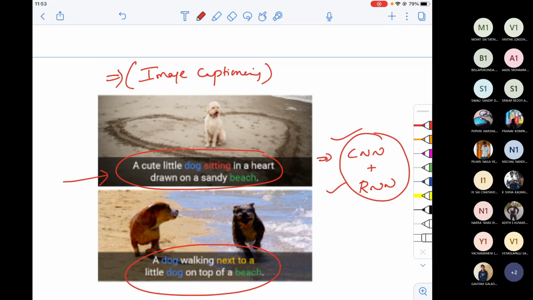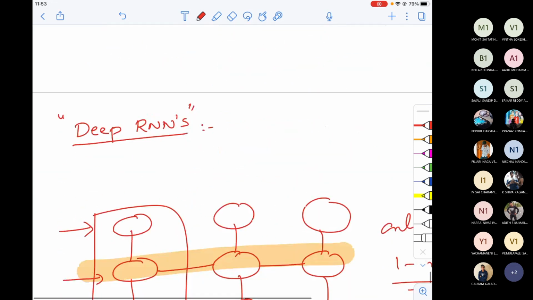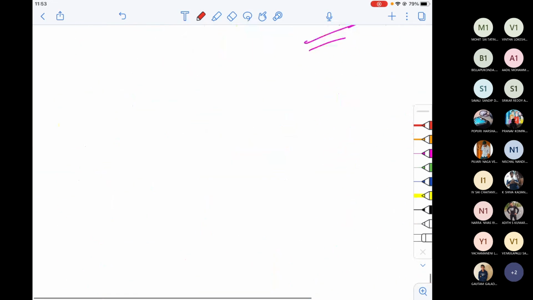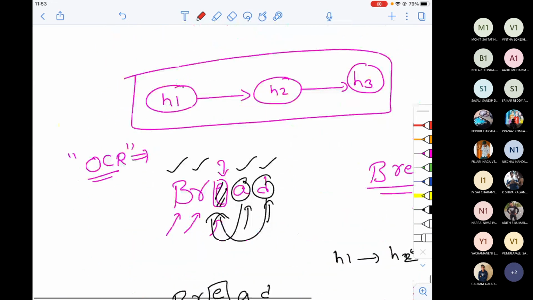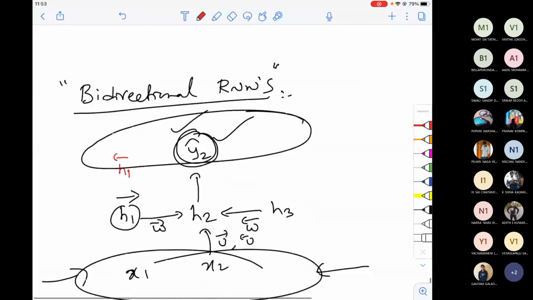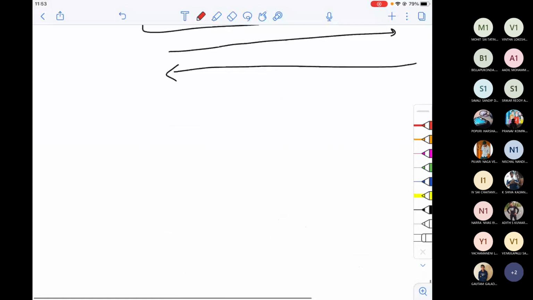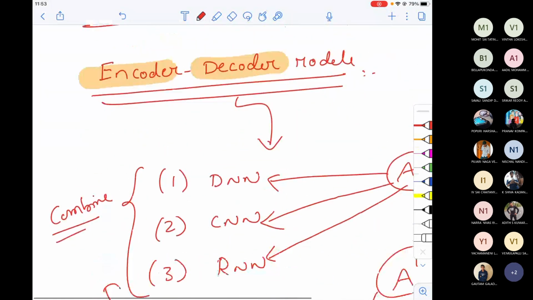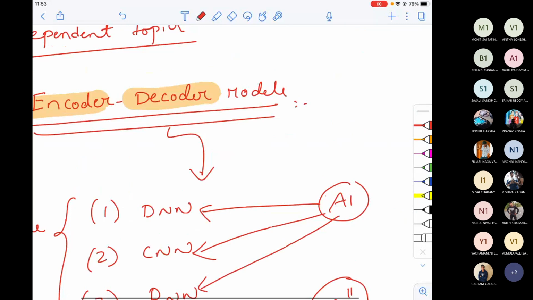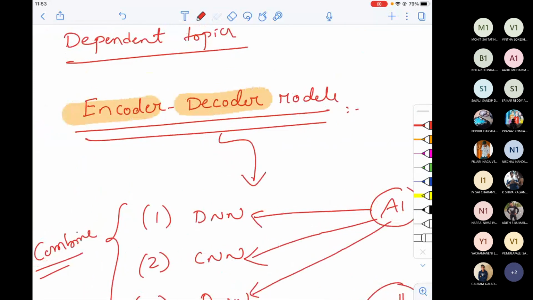So how do I combine this CNN plus RNN? Whenever we have a requirement of combining more than one architecture, we tend to use the concept of encoder and decoder models. One very important point: encoder and decoder is not a physical topic.